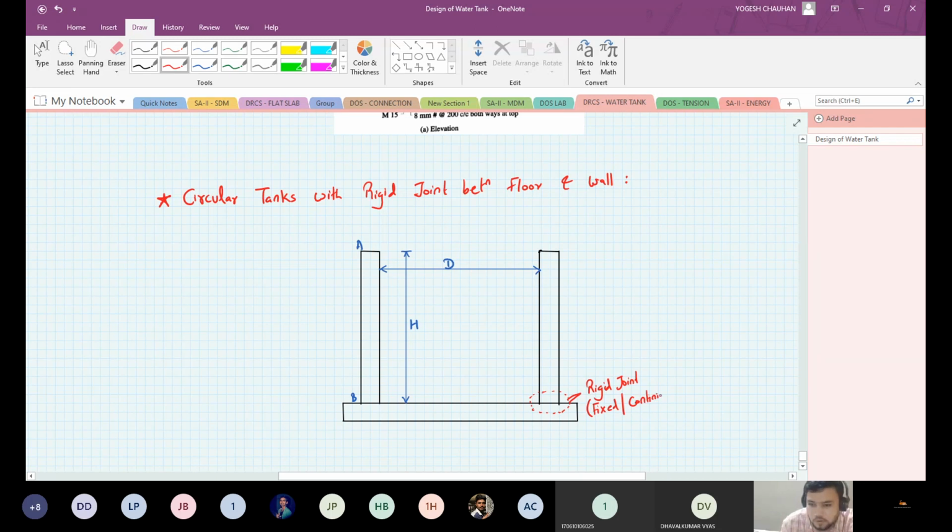So the deflected shape of it will be, since it is free at the top and fixed at the bottom, just like a cantilever.